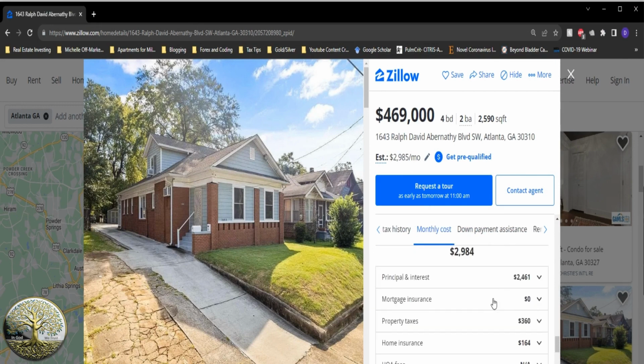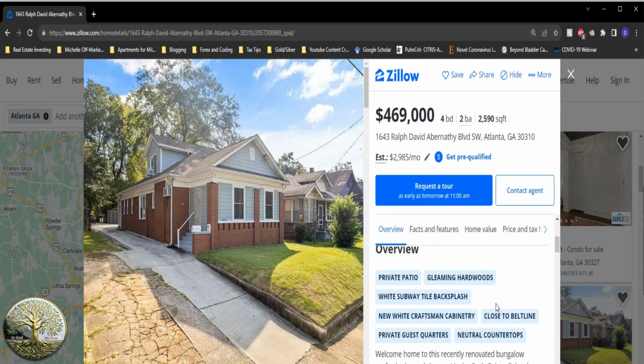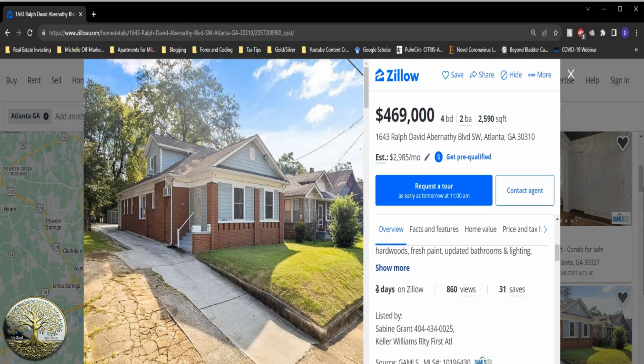Now, the only time that I would revisit this property is if the days on market climbed to, let's say, 120 days. If this was sitting on market for 120 days, now the seller could have a different level of conversation and may actually be open to creative simply because the days on market has climbed to an extreme level.